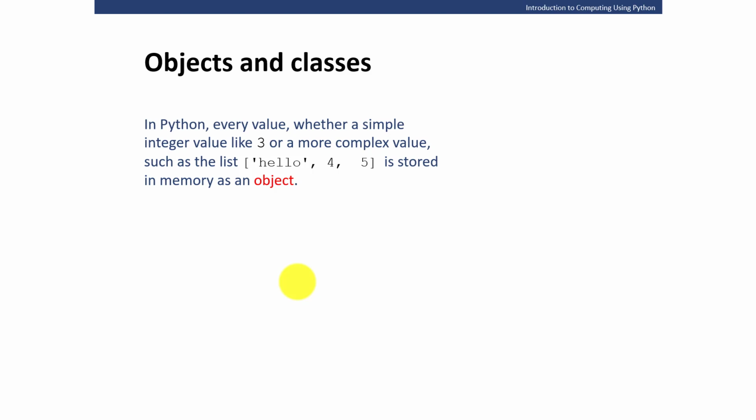In Python, every value, whether a simple integer such as a 3 or a more complicated value such as a list inside a list, is stored in memory as an object. It's useful to think of an object as a container for the value that sits inside the computer memory. I'm going to show you in the next slides what I mean by that.